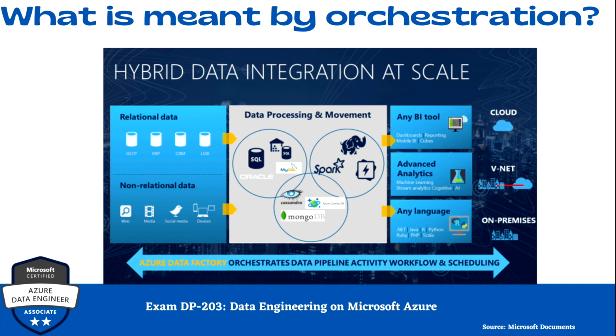In the middle, you will see data processing and movement, where you can have different kinds of databases, open source, big data, or any other relational databases. Then you have your BI tools, which can be in the cloud or on premises, and you use them through your VNet or virtual network. So Azure Data Factory orchestrates pipeline activity, workflow and scheduling. This is the orchestration of your BI system.